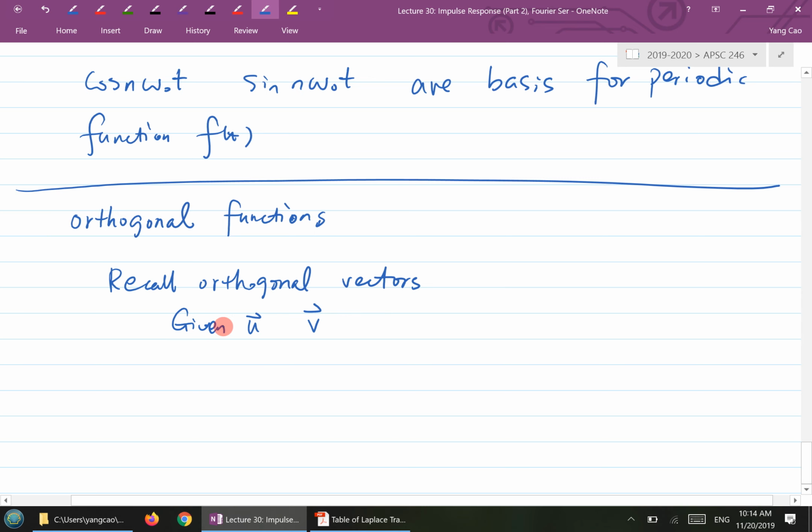Now I will do the dot product between the two vectors. The dot product is the sum of u_i v_i, with i from 1 to n.